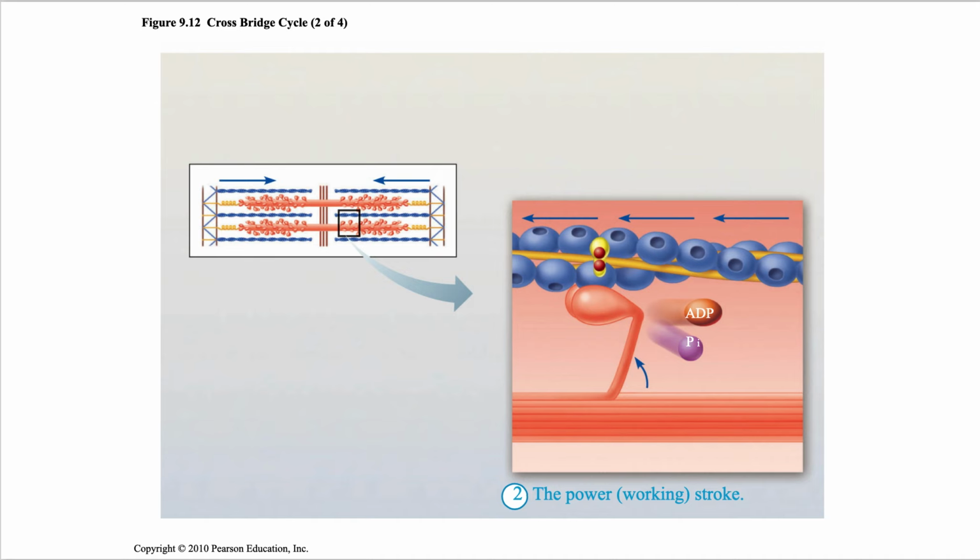So in the second step, it pops off the adenosine diphosphate and the phosphate, and it changes back to its normal shape. Well, its normal shape is constricted, and as it does that, it's attached to the actin, and it pulls it. And so that's a free action. It pulls the actin, and that's what's actually contracting a teeny little bit of the actin molecule in towards the midline of that sarcomere.